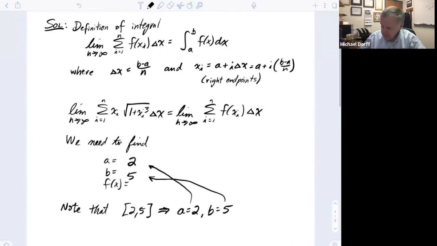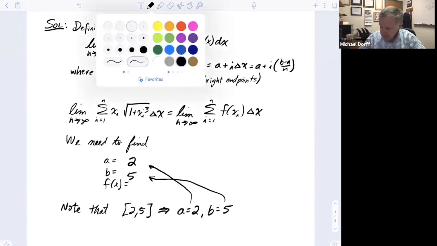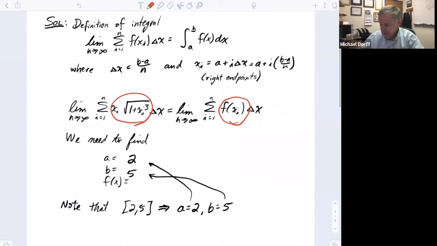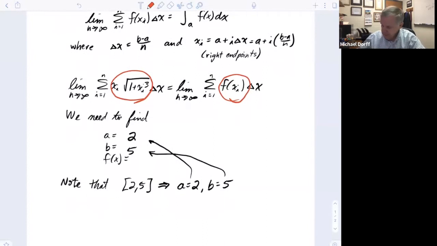Next, I'm going to look at my function that I have here. Remember, I have this function, and that corresponds with this. So I need to look at that and try to figure out what f of x is. Looks like to me f of x is x times the square root of 1 plus x cubed.